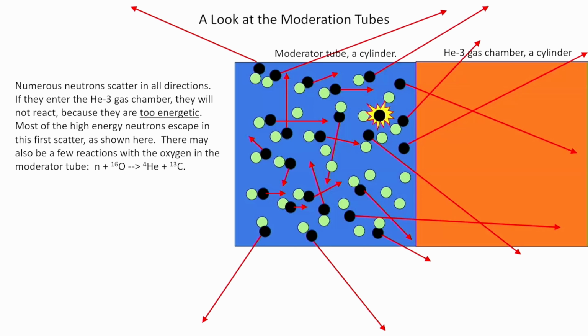Why? Because they're too energetic to react. Most of the high energy neutrons are going to escape, and this is just with one scatter. There may be some reactions, when a neutron and an oxygen-16 form an alpha plus carbon-13. This is what it looks like after these scatters.